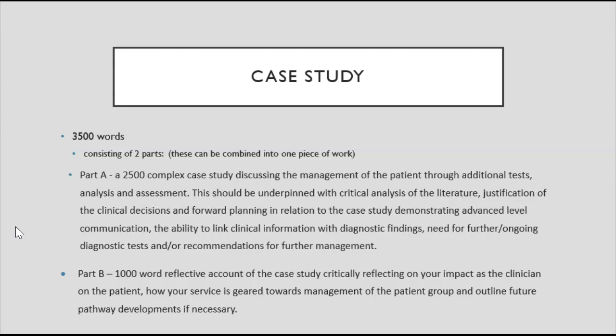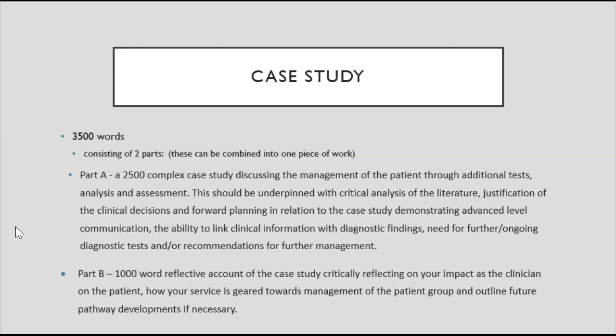And then the part B aspect of the case study. Again, you can integrate this, it doesn't matter, but you're looking at around a 2,500 to 1,000 word split between A and B. It is the reflective account of your case study, and you need to be able to critically reflect on your impact as the clinician.